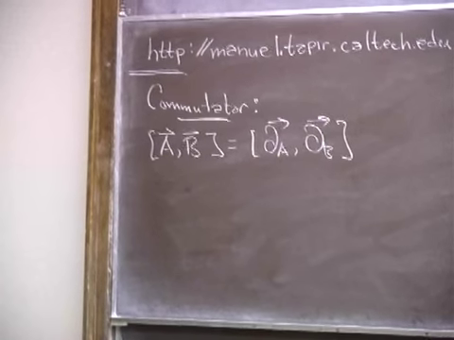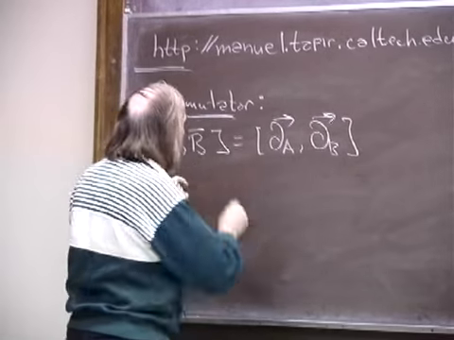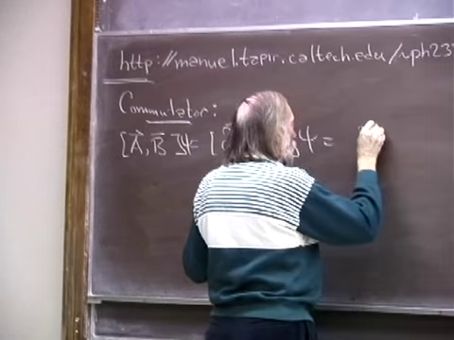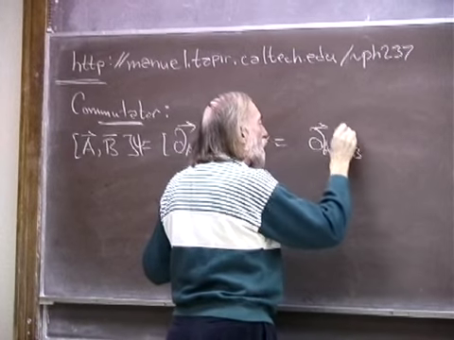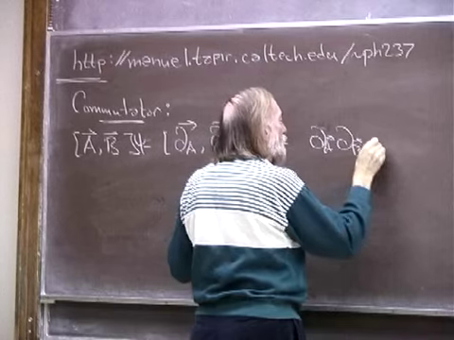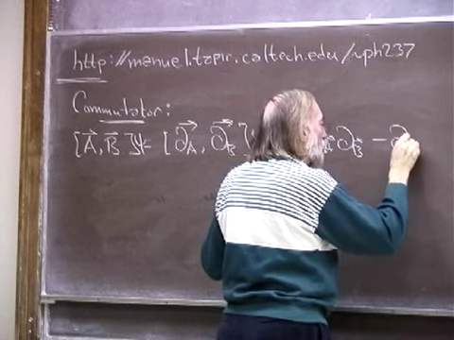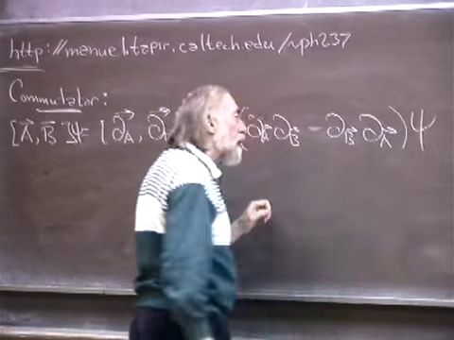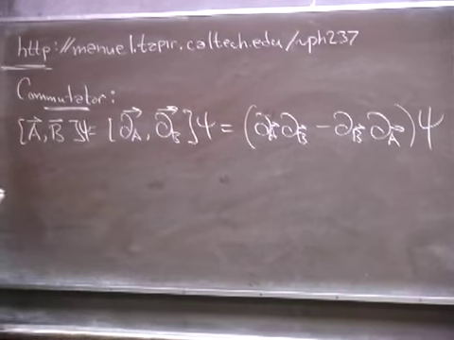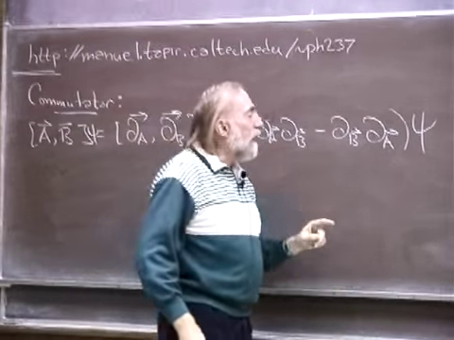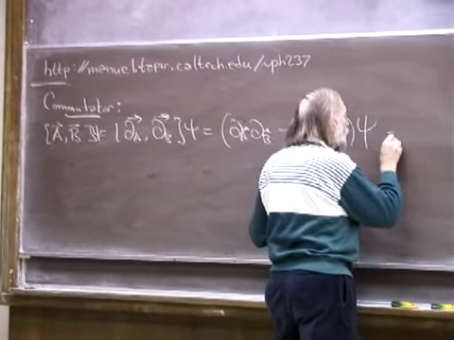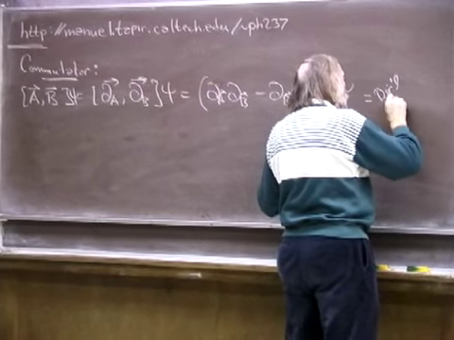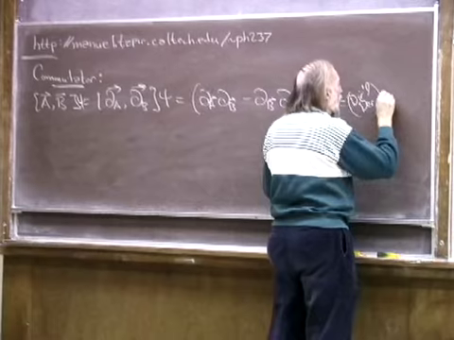It's you apply these to, say, a scalar field psi, one after the other, but in opposite orders, like that. And the bottom line, if you go through this calculation, is you discover that this is itself some directional derivative acting on psi.